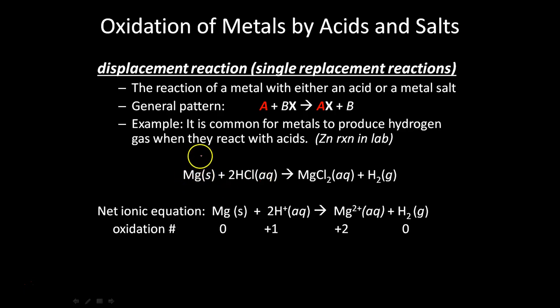There's going to be a transfer of electrons from the metal to the hydrogen, and we're going to get hydrogen gas. So hydrogen gas is a very common product when you're doing this sort of reaction.